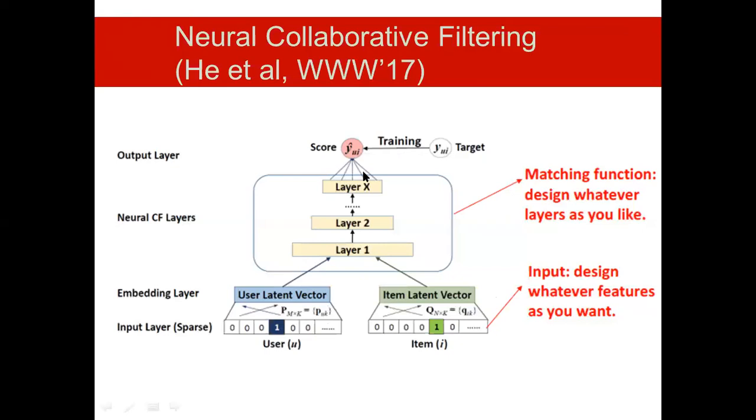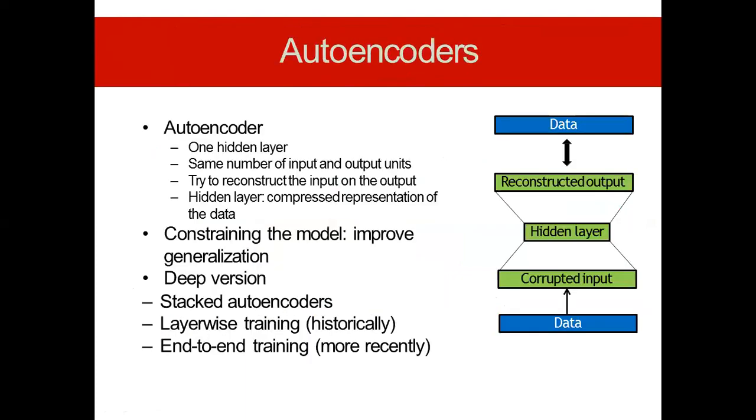And the user latent factor and item latent factor can also be learned from another two neural networks, respectively. This model is called neural collaborative filtering. So that's a straightforward application of deep learning to latent factor models.